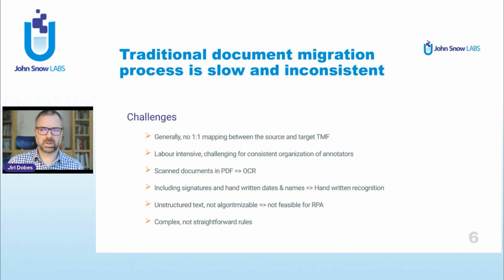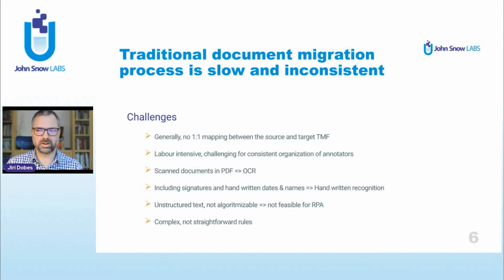So overall, there is no one-to-one mapping between two types of trial master files. It is a labor-intensive, challenging process. It is challenging for the organization of the people who are migrating the documents. The documents are scanned, so they need to be OCR'd.